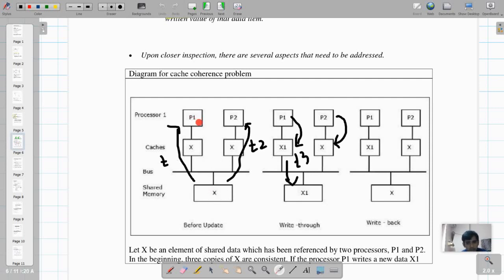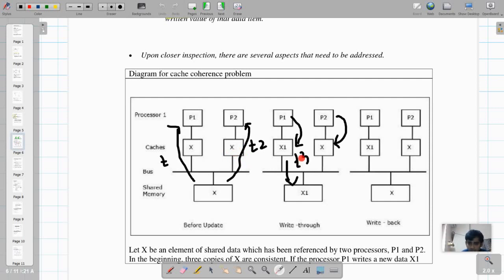Processor P1 made a request for this item X, which was brought into the native cache of processor P1. At the next time cycle, T2, processor P2 made a request for the same data item, so X from the centralized shared memory was brought into the cache native to processor P2.